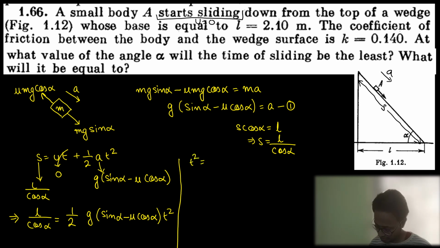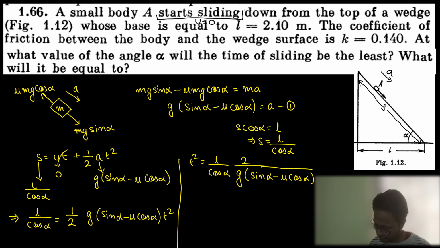T square is equal to, I have to take this entire term to the left hand side, leaving behind the t. So L by cos alpha into 2 by g, 2 by g sin alpha minus mu cos alpha is the value of t square.